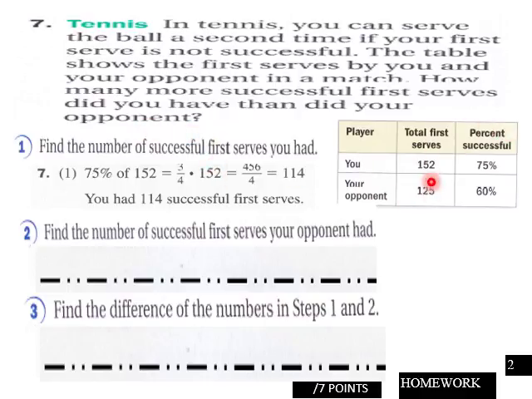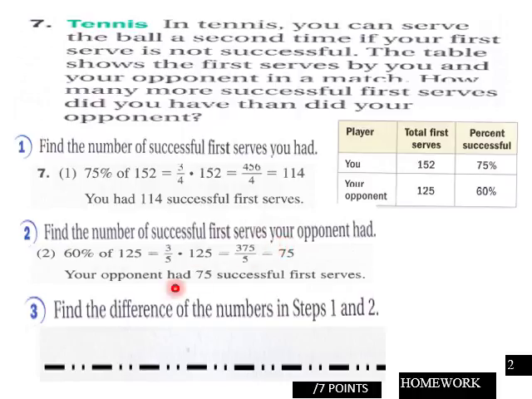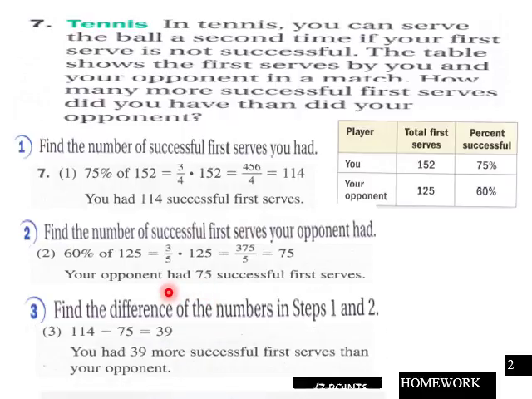So here, coming from the table here, 75% of 152. Find the number of successful serves your opponent had. So your opponent had 75 successful first serves. Find the difference of numbers in steps 1 and 2. You had 39 more.